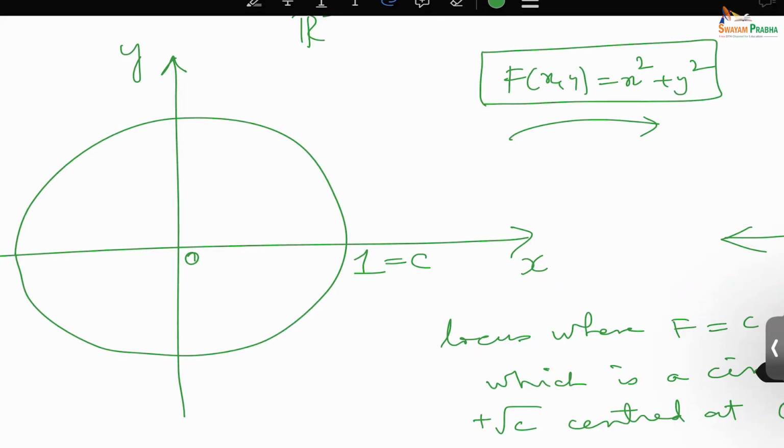Recall what is the smoothness idea? The smoothness idea geometrically is that at every point you should have a tangent line, and that is the same as saying that at every point you have a normal line, because the existence of the tangent is the same as the existence of the normal. It's tautological.